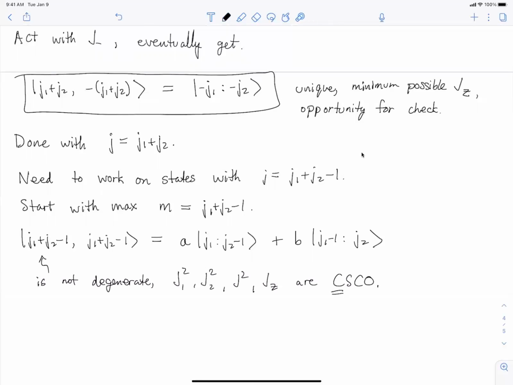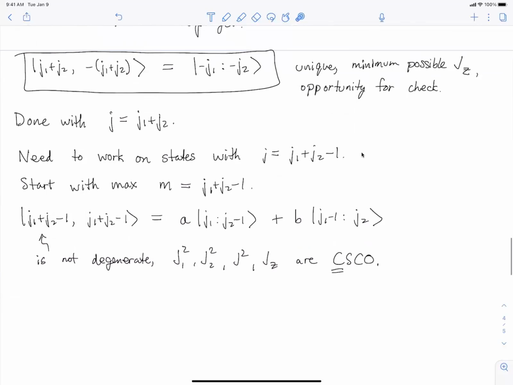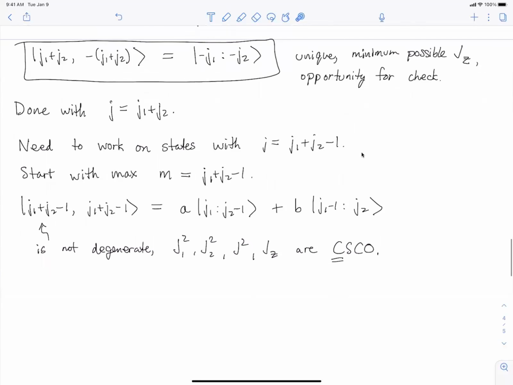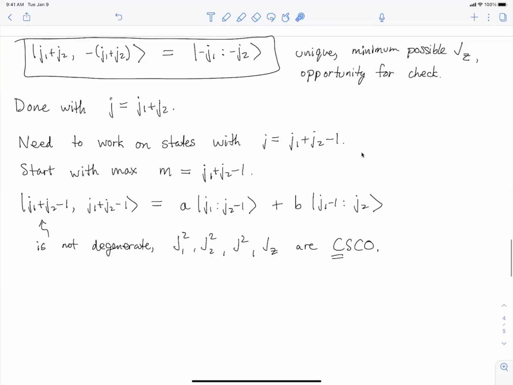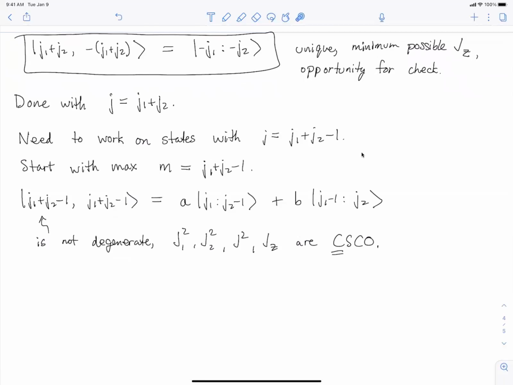Okay, and that means that state is unique. And that means it must be possible to solve uniquely for A and B up to a global phase. You can never actually solve for the total phase in front of a ket because it's not observable, as we saw in the postulates of quantum mechanics, but we can at least solve for A in terms of B and then use orthonormality.